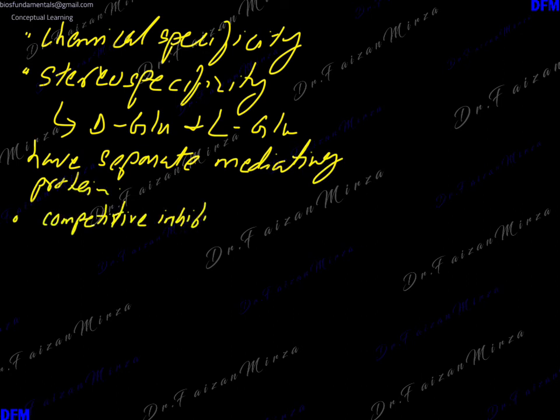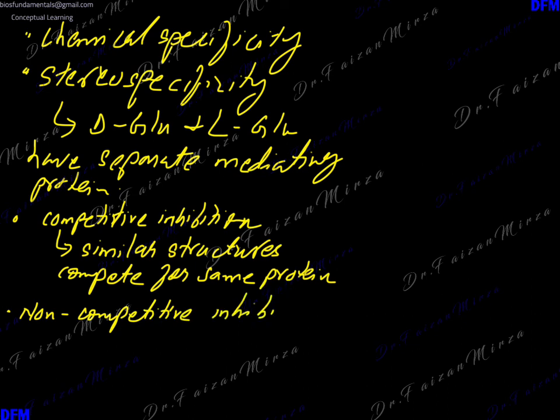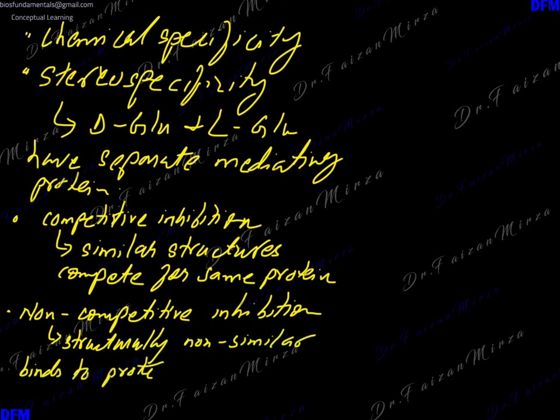The way you have studied competitive inhibition and non-competitive inhibition in enzymes, the very same concept aligns here as well, that competitive inhibitors, which have a similar structure, can compete for the same protein, and non-competitive inhibition can also occur where a structure which is not exactly similar to the one which is entering through the protein will still bind to it.